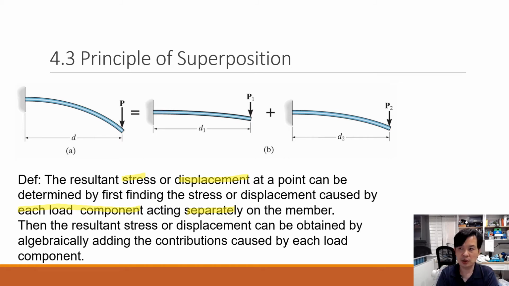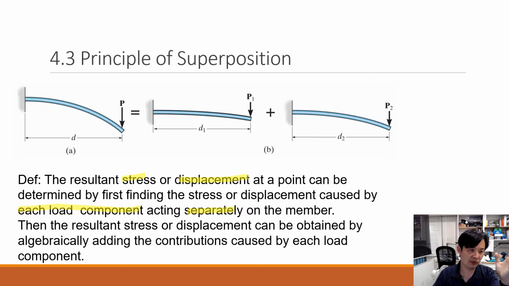So in general, we cannot obtain good result directly from such boundary condition. In order to overcome this, principle of superposition says you can derive single stress and or displacement one single load at once.